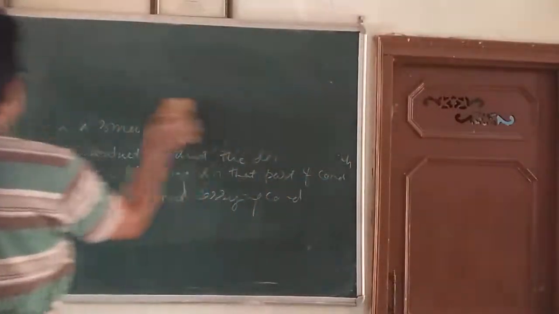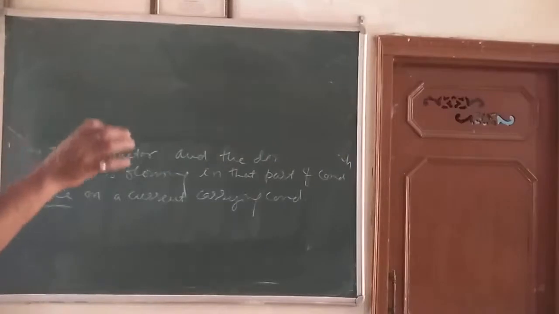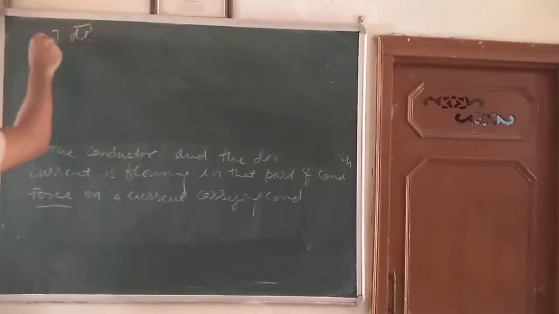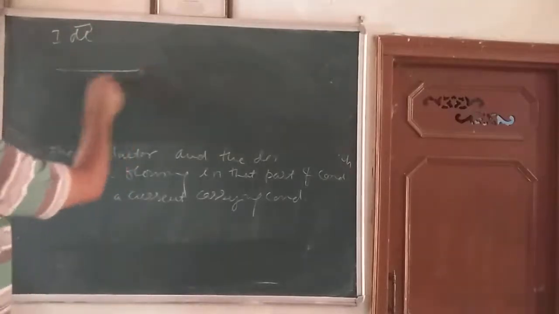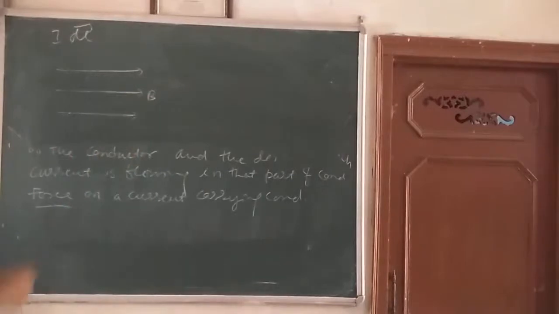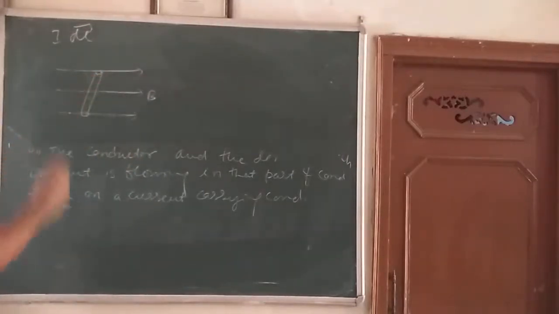For that, I can draw a diagram. So Ampere established that when a current element I dl, the product of current and length, is placed in a magnetic field, suppose this is the magnetic field here, the direction of the magnetic field is this one, and the current element is put like this.